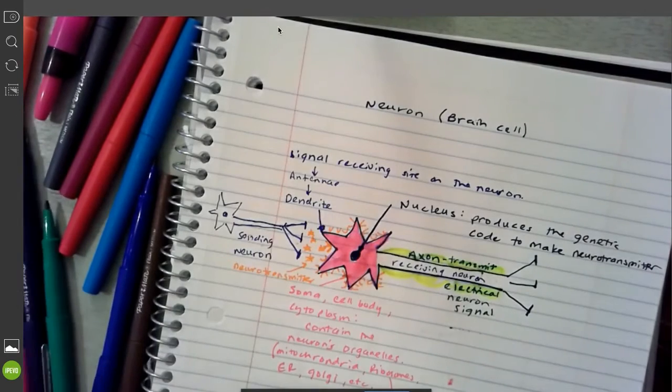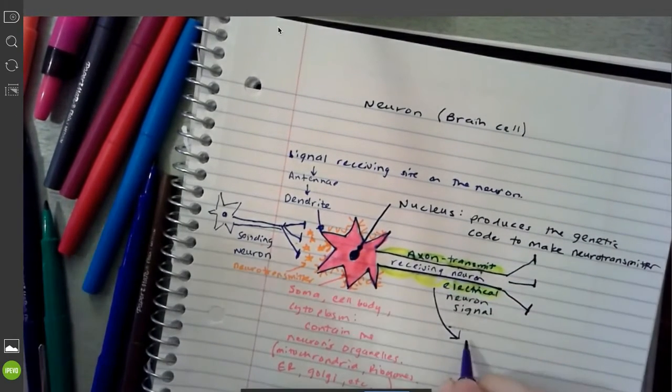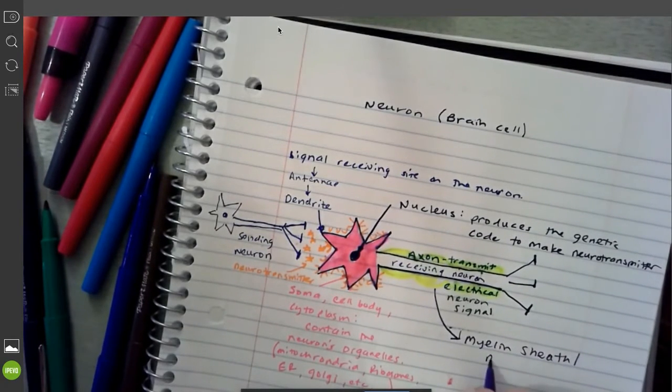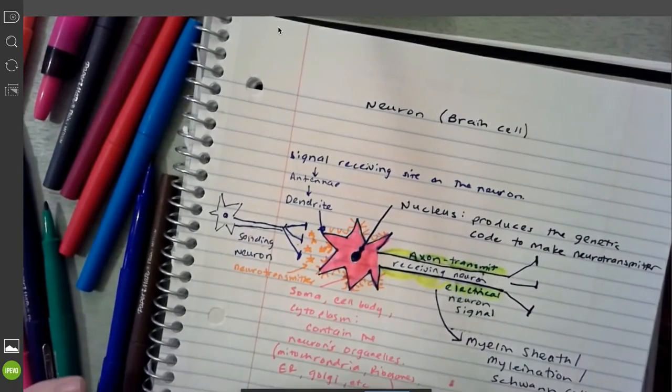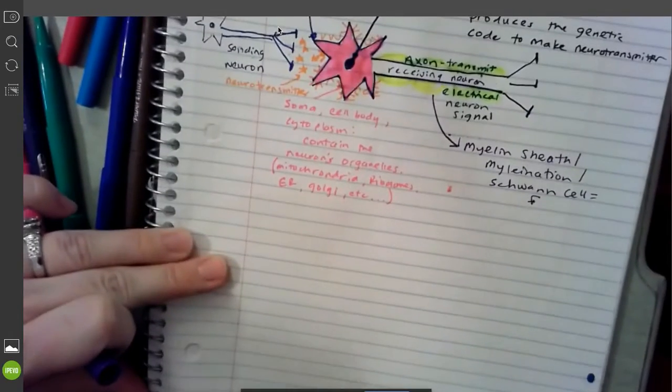All right, so this right here is called the myelin sheath. It's also called myelination. It's also called a Schwann cell. I know that's confusing, but basically what is this? It's simple. It is fat.